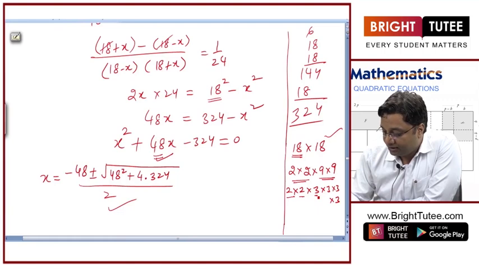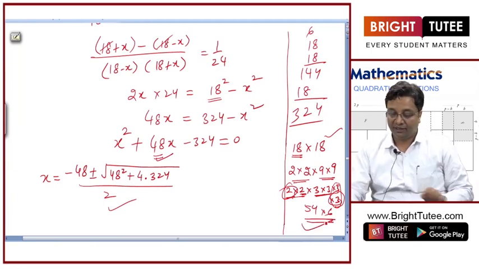9 4s are 36, and this is 9. 27 into 2 is 54, 3 into 2 is 6, right?